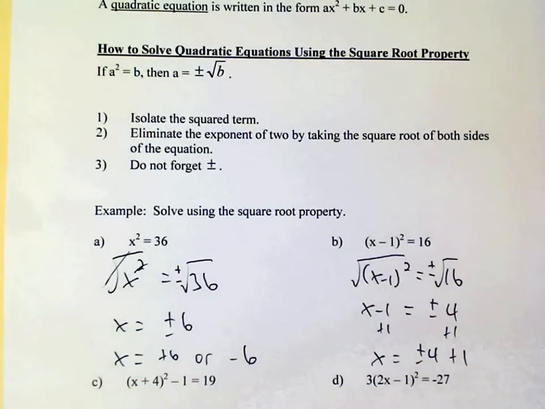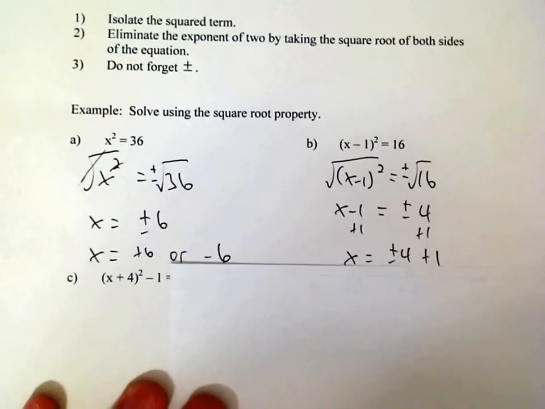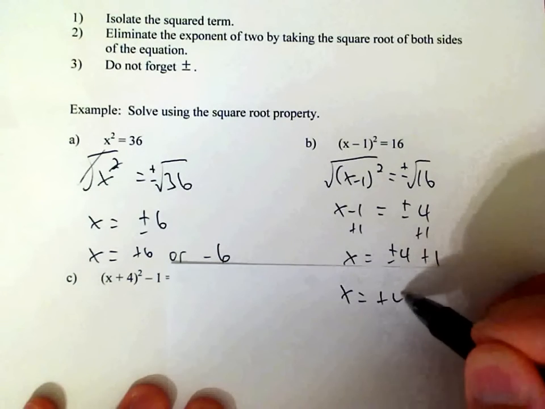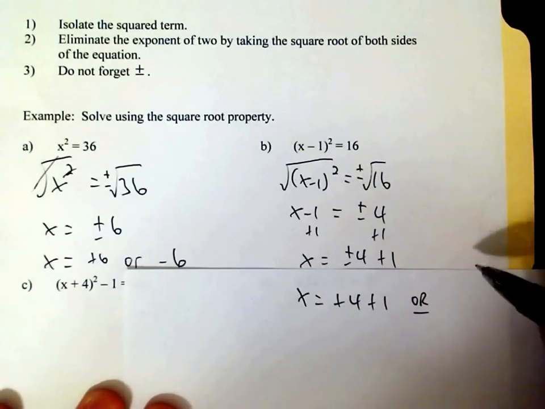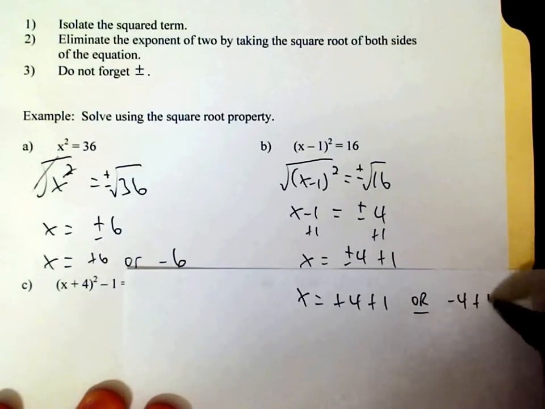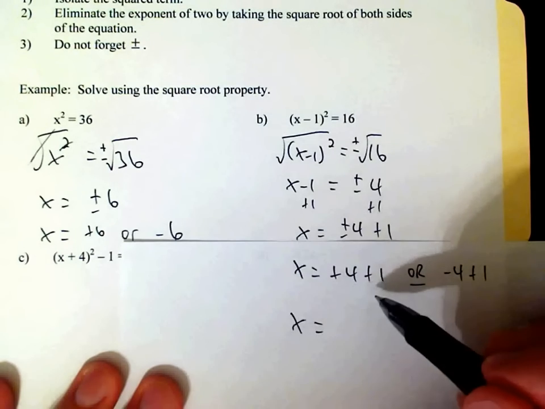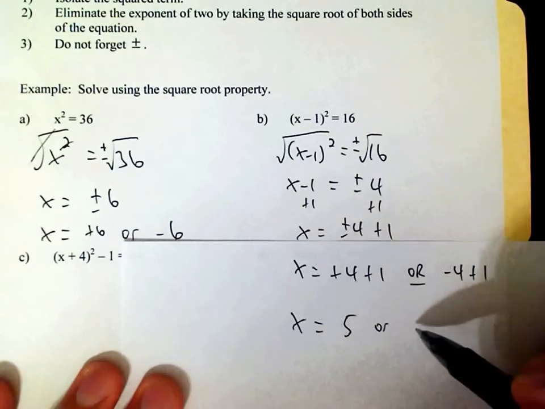So what we're going to do now is separate the plus and minus. We have two different possibilities here. We have x equals plus 4 plus 1 or negative 4 plus 1. What that means is we have x equals 4 plus 1 is 5, or negative 4 plus 1 is negative 3.